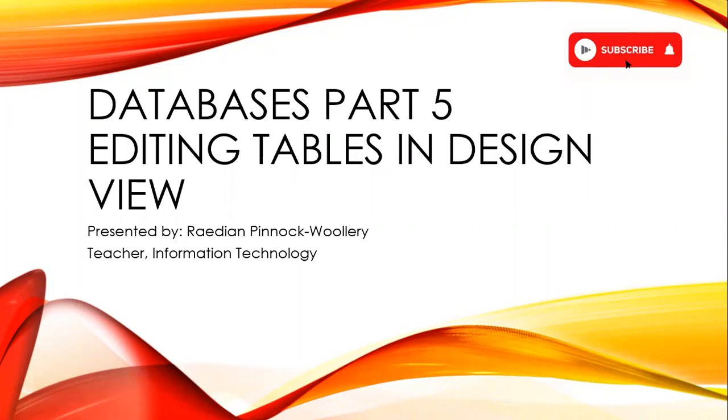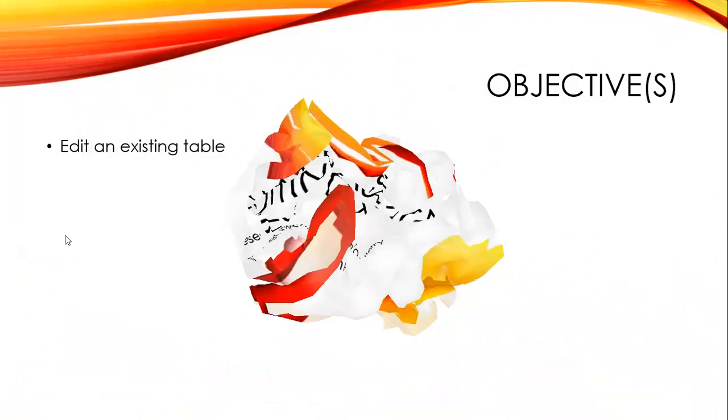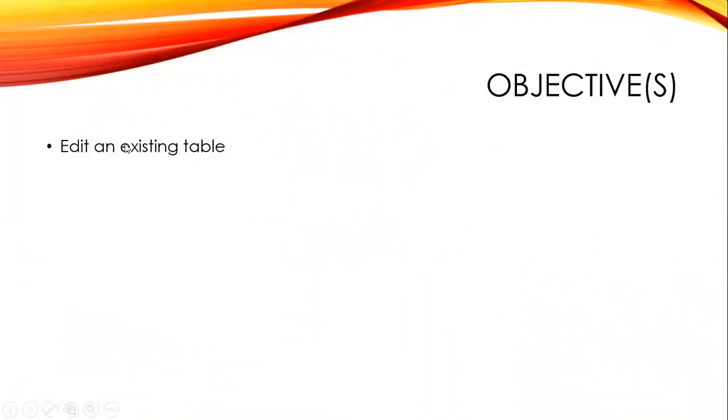We're going to be looking now at databases part 5, but specifically, we're going to be looking at how we go about editing a table that is already existing in our database. In our previous lessons, we were looking at how we would create relationships in a table, right?